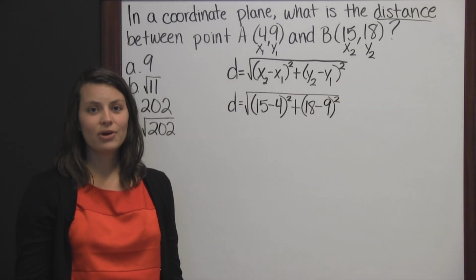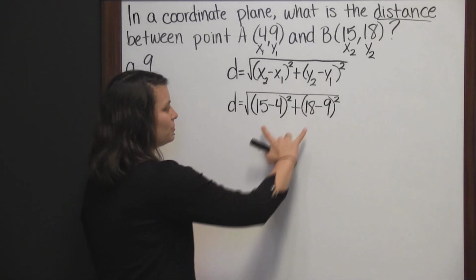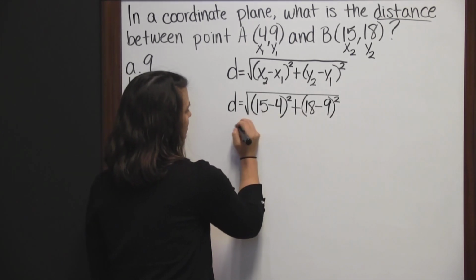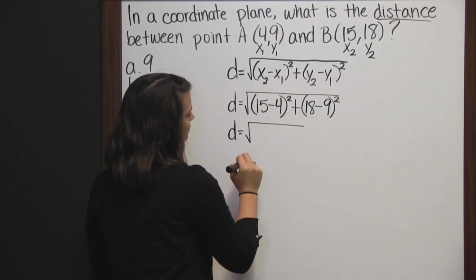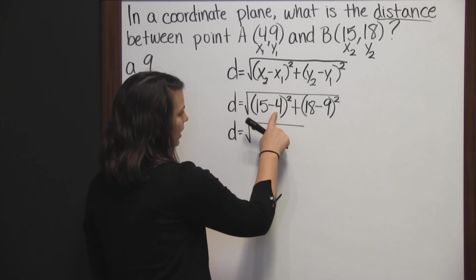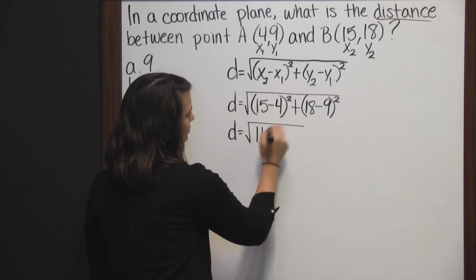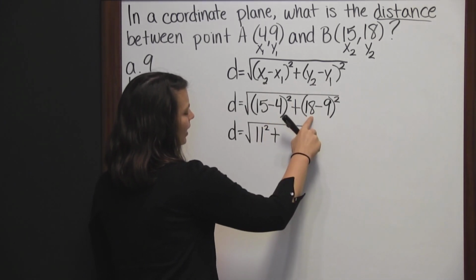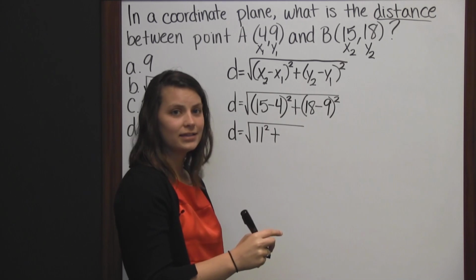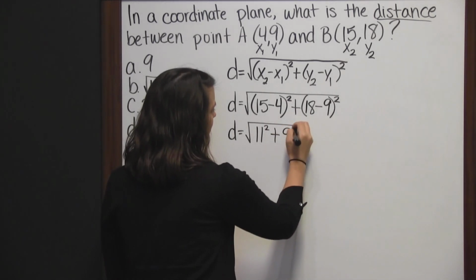And now we need to follow our order of operations, which means grouping symbols first. So distance equals the square root of 15 minus 4 is 11 squared, plus 18 minus 9 is 9 squared.